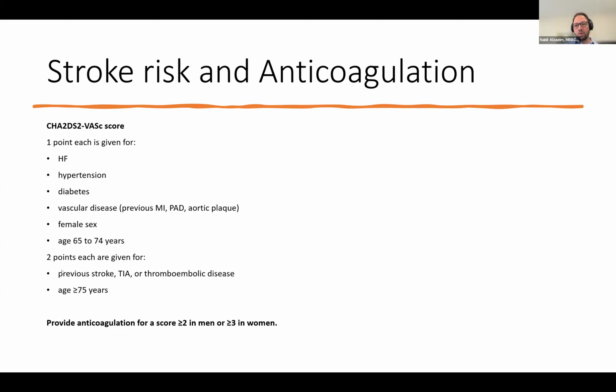I know that maybe in Ethiopia you have common rheumatic heart disease, like mitral stenosis, causing AFib. In that case, we'll use warfarin. Otherwise, for other non-valvular disease, we use the direct oral anticoagulants, the DOACs, like Eliquis and Xarelto and so on.